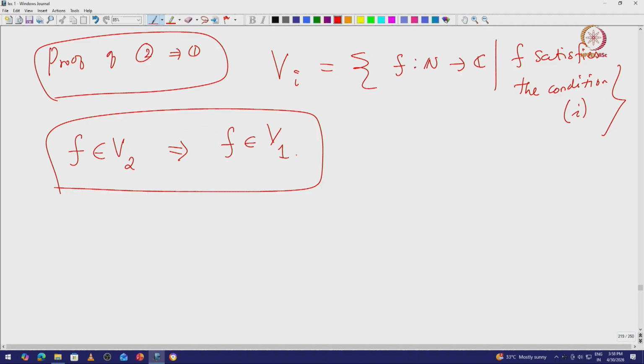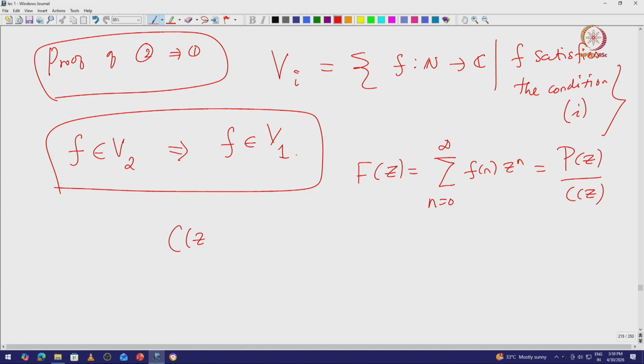So, let us take that f of z satisfies the condition 2, which says that f of z, which is the sum of f of n z power n, is exactly given by p of z divided by c of z. Here n is varying from 0 to infinity.